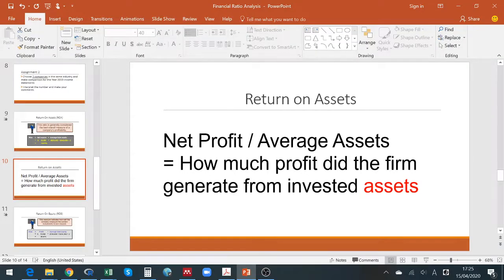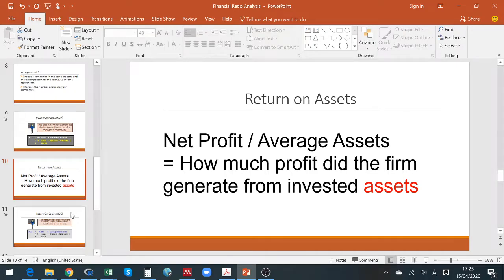To make a computer, of course you need all kinds of factories, machines, and software. So you need assets to manufacture the computer. Then you sell to the customer. So your profit basically comes from assets. This return on assets measures how much profit you made using your assets.